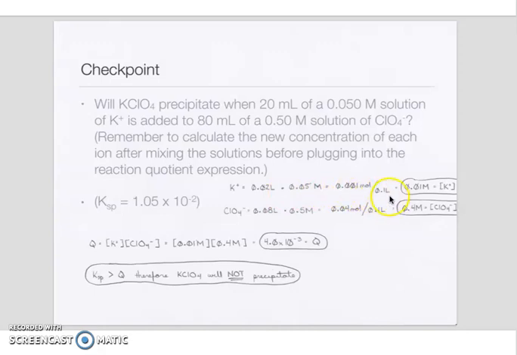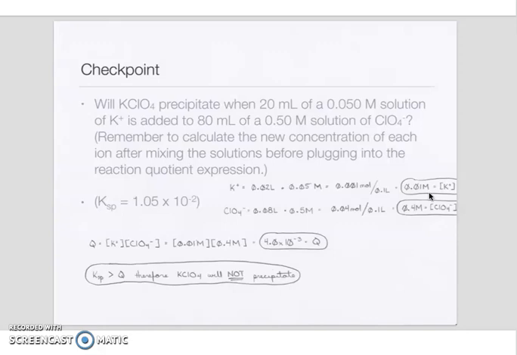I'm then going to divide it by the total volume of the solution, because remember, I'm mixing my potassium and my perchlorate solutions. So my total volume is 20 plus 80, so 100 milliliters. So I'm going to divide my moles of potassium by 0.1 liters, the total volume in liters. And I find that the new concentration of potassium ion is 0.01 molar.